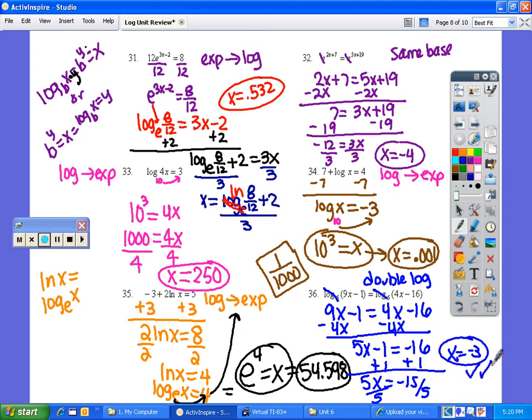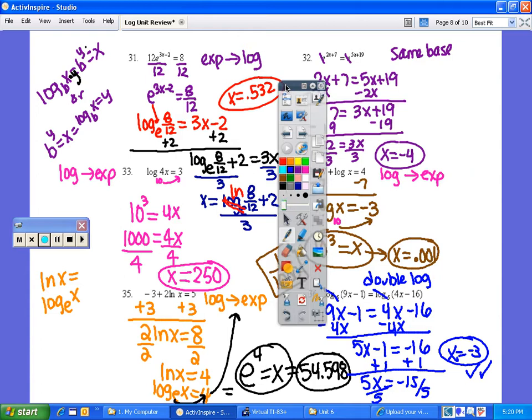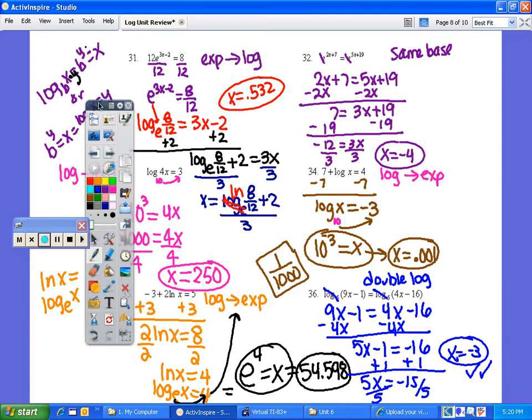Again, you have to check these because you can't have negative logs, so you're just going to place that negative 3 in for x. So it's 9 times negative 3 minus 1 equals 4 times negative 3 minus 16.